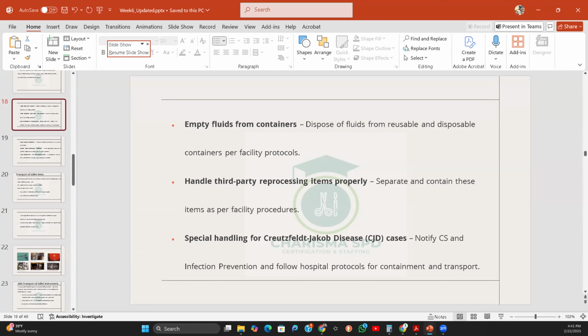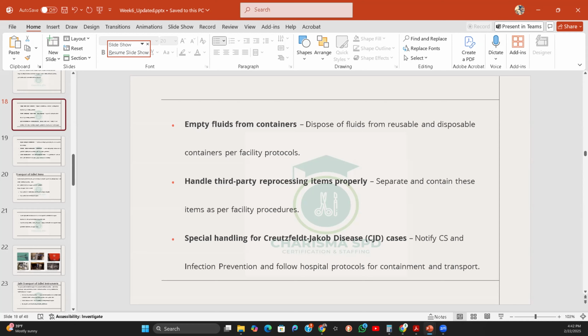Any instrument that is used on a patient that has this disease needs to be handled with the utmost attention that you can ever think about.